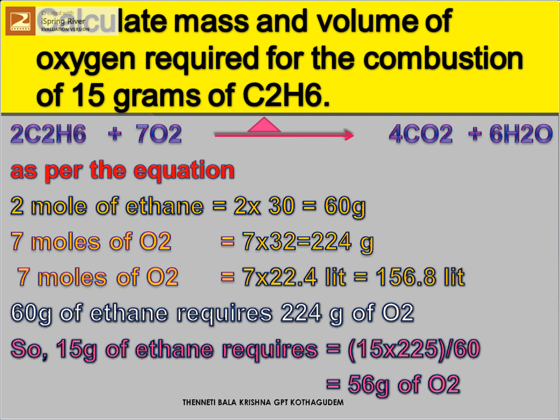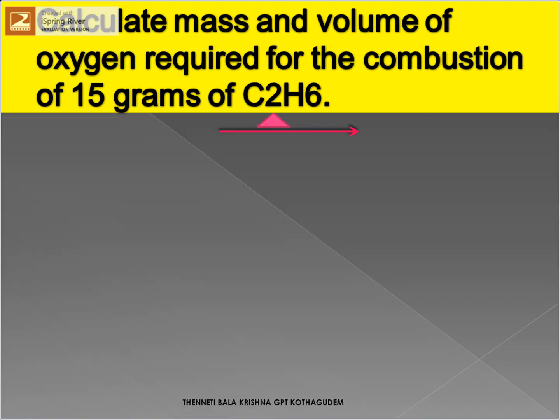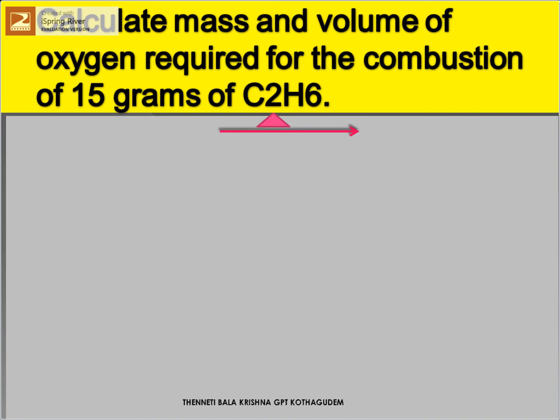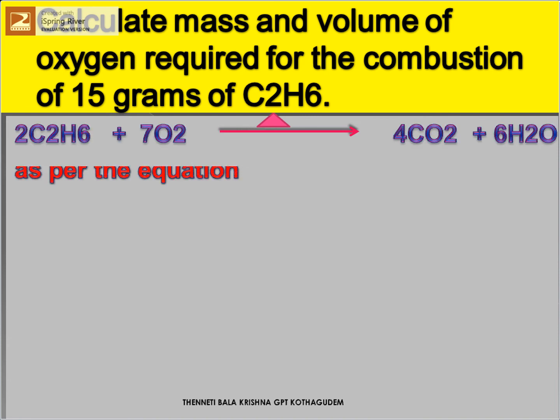Here we solved only half of the problem, the mass. Our aim is to find the volume also. How to calculate the volume? Same equation, here 2 moles. If it is in liters, 1 mole is equal to 22.4 liters.